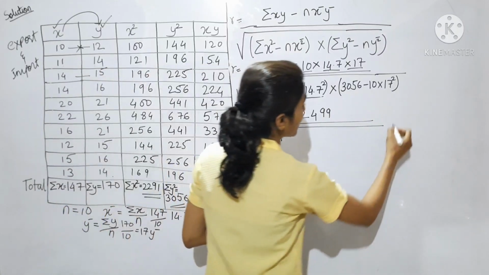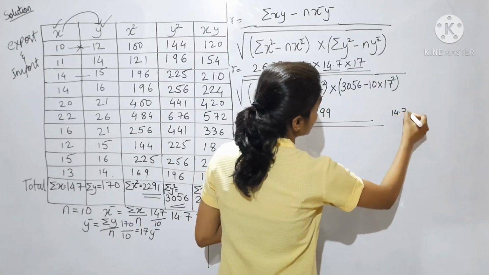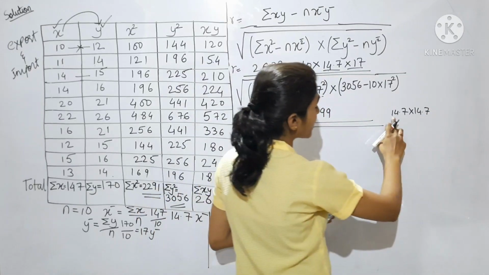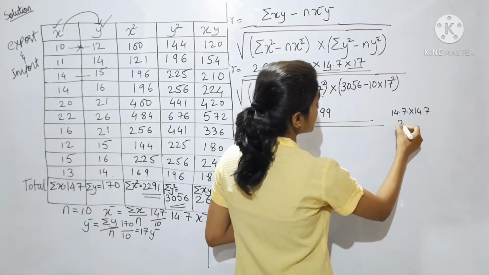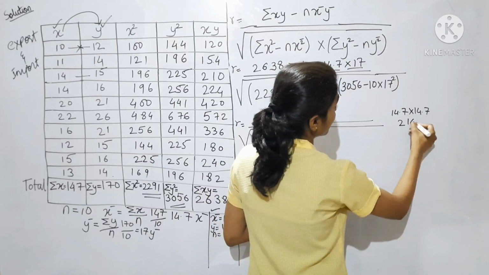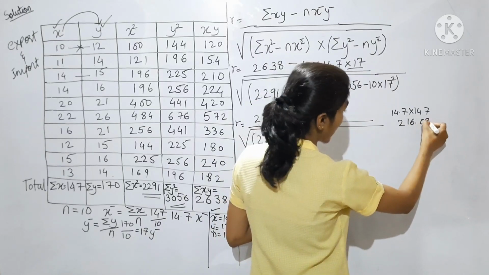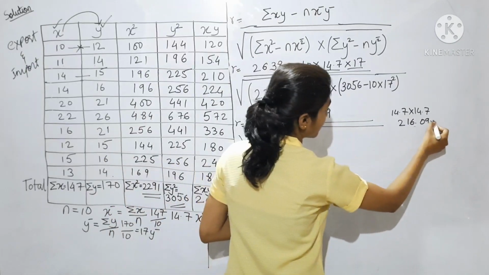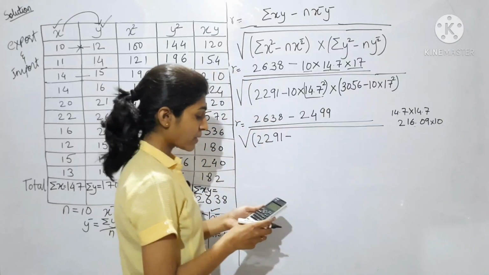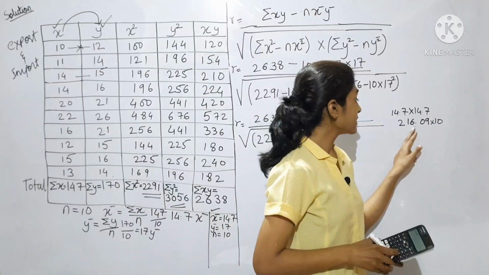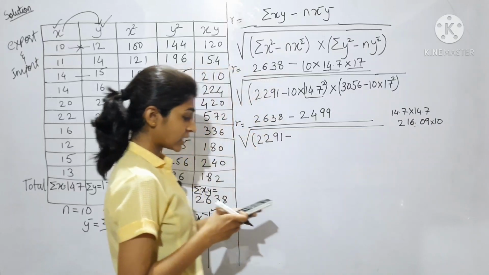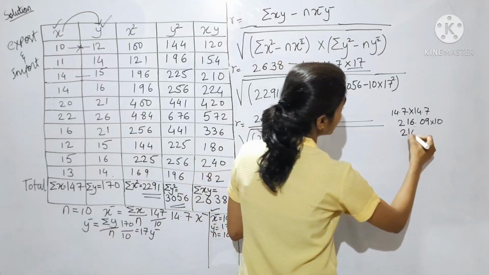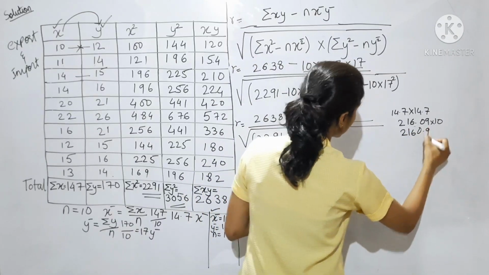In the rough column I will write the square of 14.7; this way you have to find the square. The square of 14.7, the answer is 216.09. Then multiply this answer by 10. So multiply 216.09 by 10, and the answer you get is 2160.9.